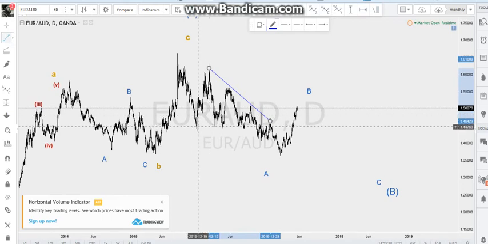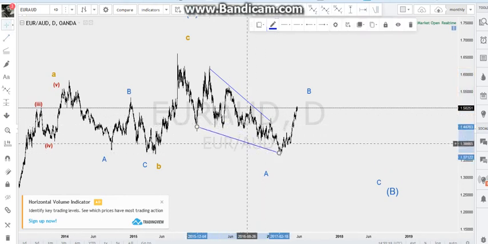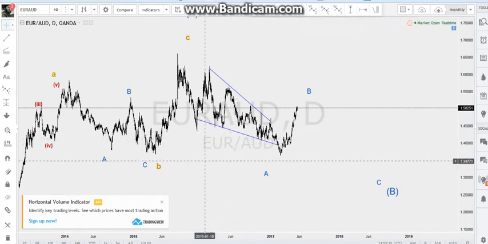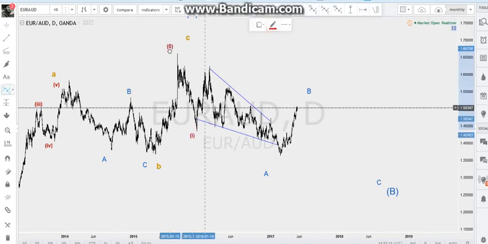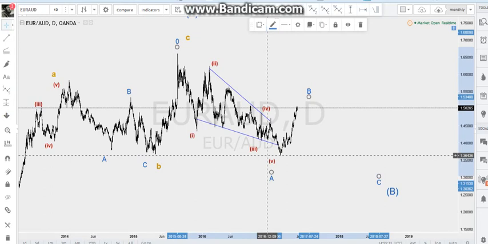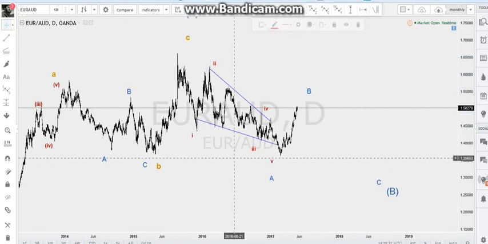Some of you may not know exactly the diagonal structure. It's a kind of leading diagonal. We have this structure in the leading diagonal, 1 2 maybe 3 4 5, and I can change its labeling.